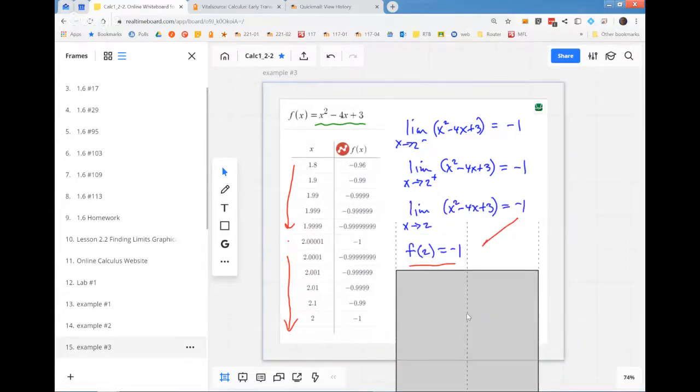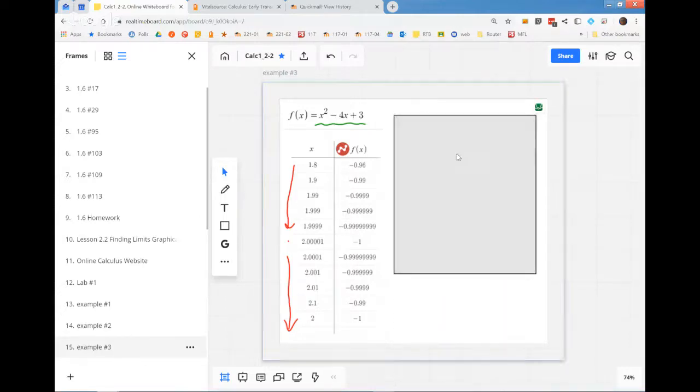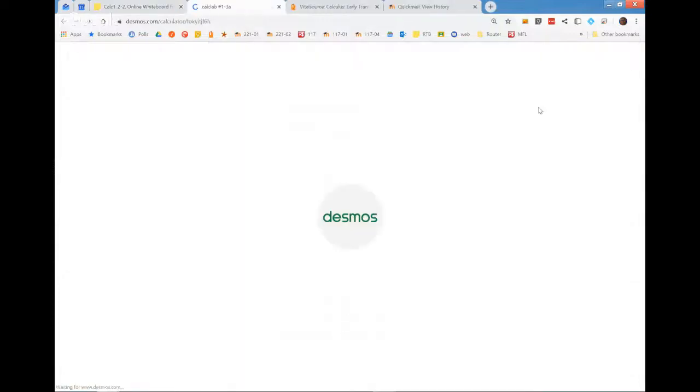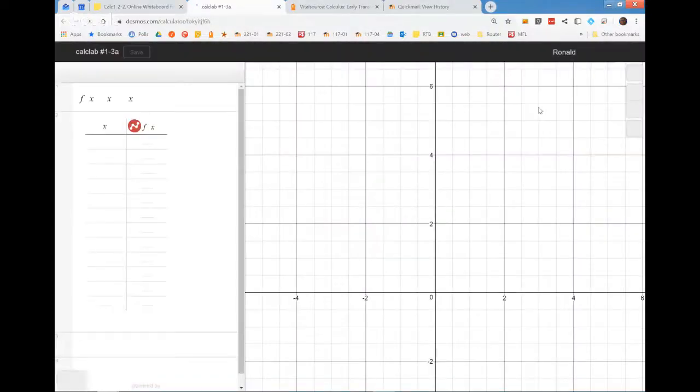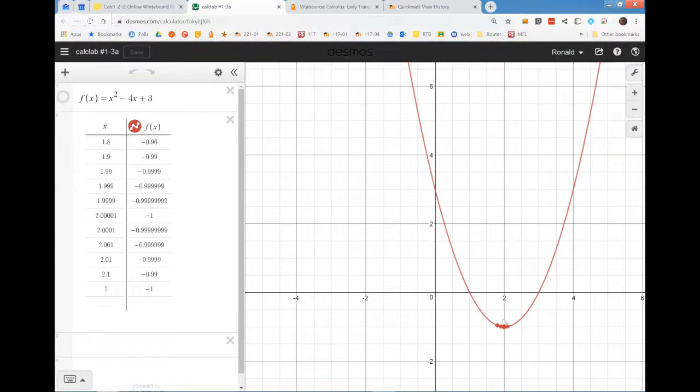And in fact, what's f of 2? -1. So it's perfectly okay. This is again a real normal looking function, and in fact we know it's another parabola. As x is approaching 2, you can see all these points getting closer and closer down here.